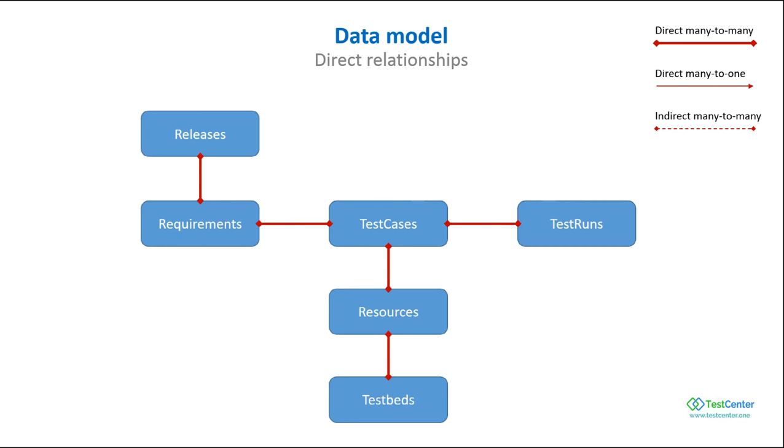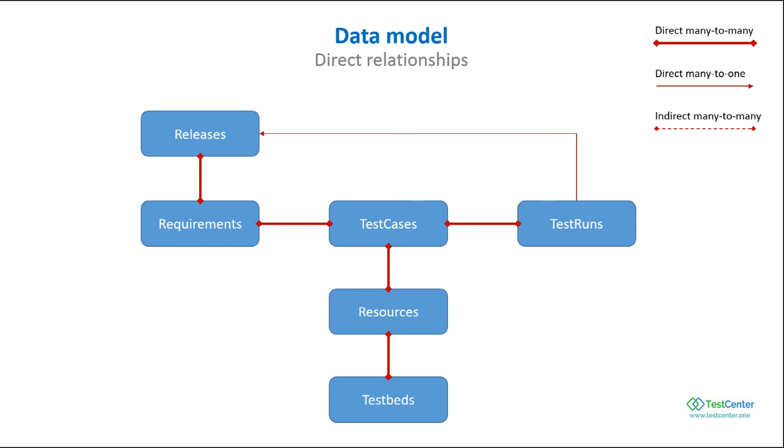The lines between the squares is representing direct many-to-many relationship in the data model. And between test runs and releases we don't use many-to-many. It's many-to-one.